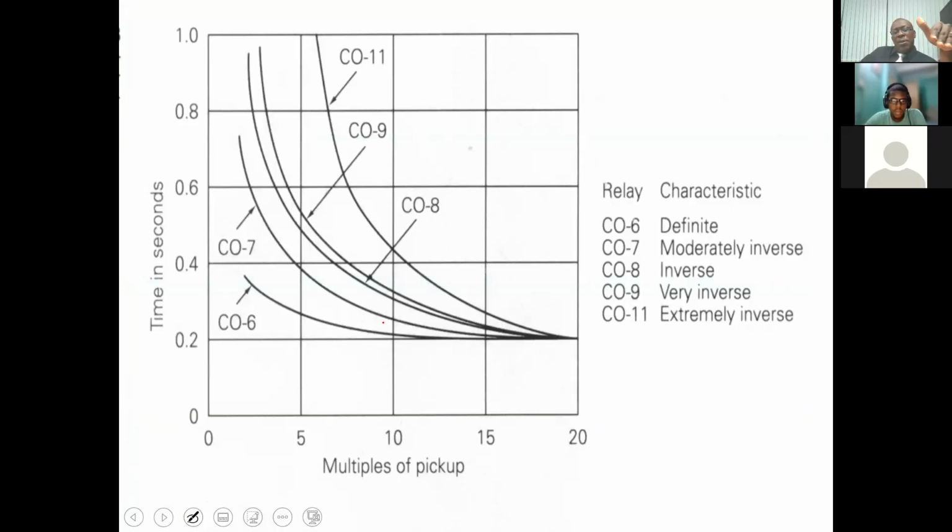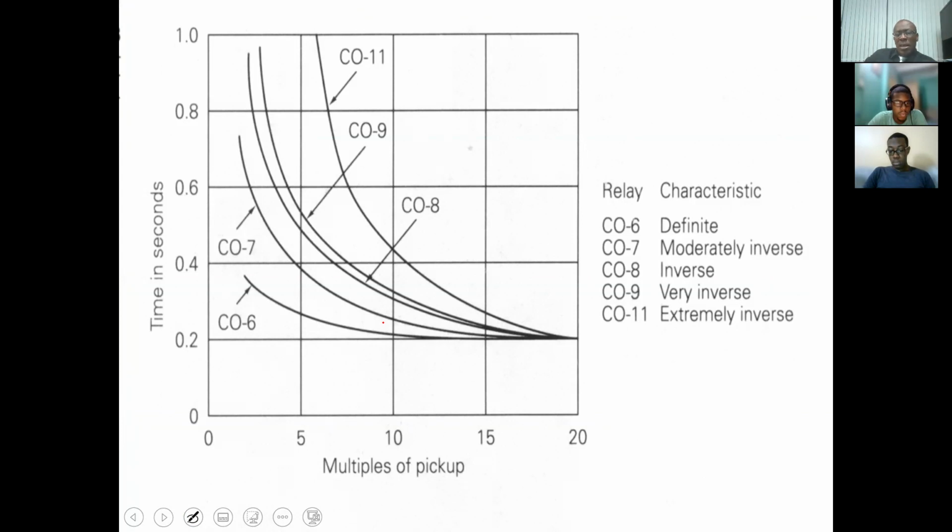So what we have here in terms of the different relay characteristics, for the electromechanical, this is something that you would have plotted from empirical data. All right. So you have the CO6, which is a definite time relay, which is what I mentioned before. Okay. Meaning you have a specified time assigned for operation after it is energized. And then you have your moderately to your extremely inverse.